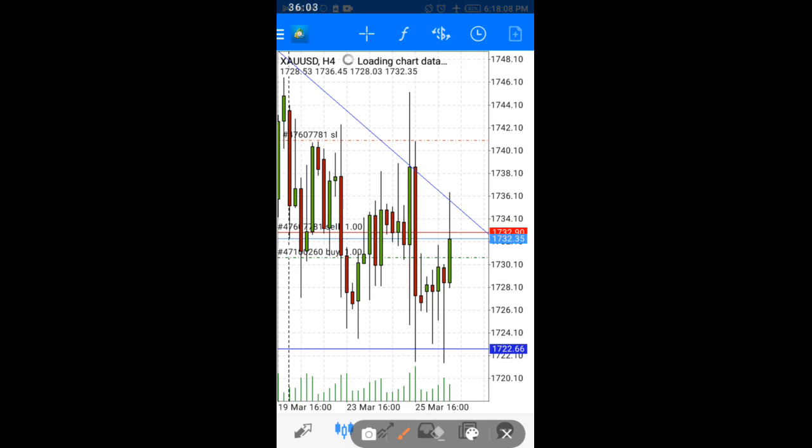So look at this evening star. You can see a bearish candlestick, then a small candlestick, then a bullish candlestick was formed. And what happened after that? Price went up, got to this level. Look at the level it got to.